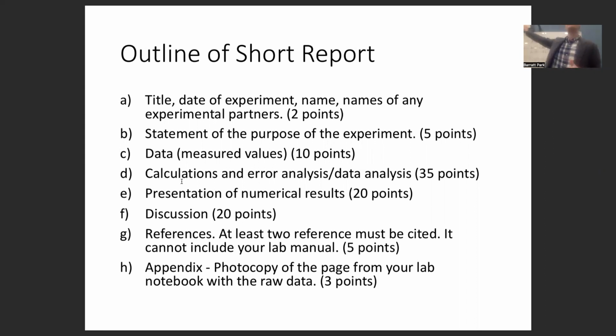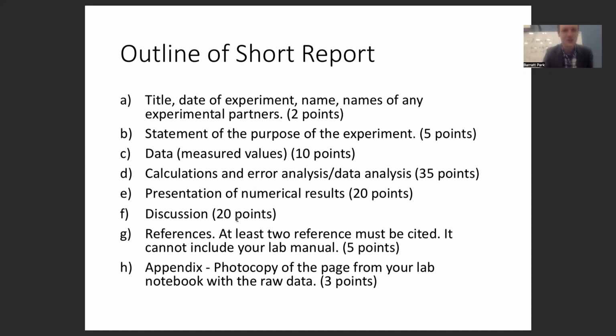The lab report overall needs to be typed, but if you want to handwrite the calculation section, that's fine. Finally, you need to have a results section where you present the numerical results. So you shouldn't make the reader dig through your calculations to find them. You need to have a final table that presents the final numerical results with the uncertainty.